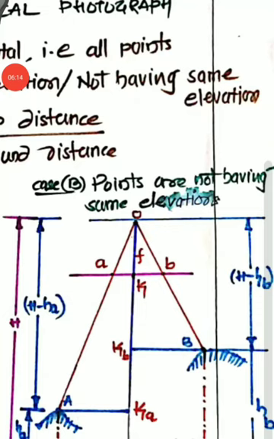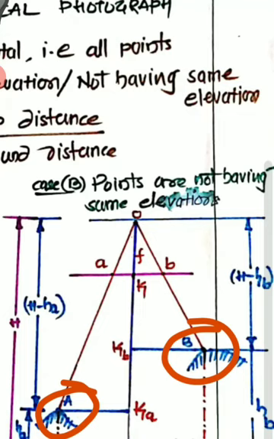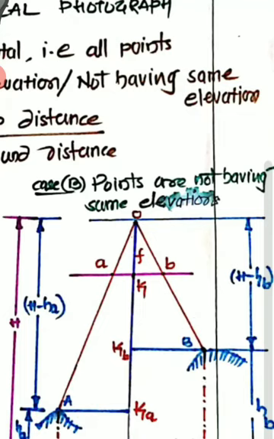Now before going to case 2, that is case B, you just understand the figure. We'll be having two locations, A and here it is B. Both are located at different elevations. Now what things will be there? This we call as kA, this we call as kB, and this is the distance from exposure station.